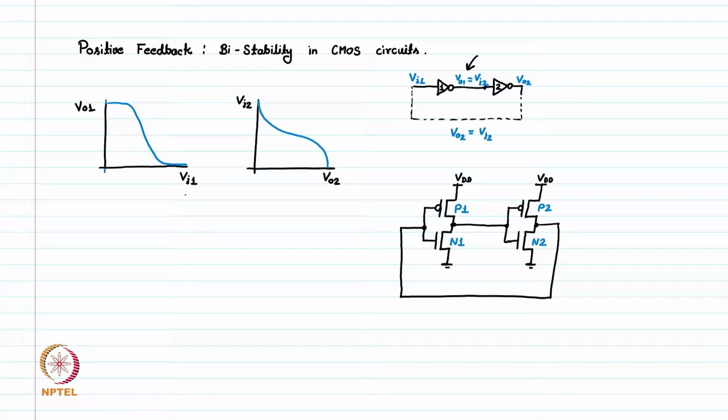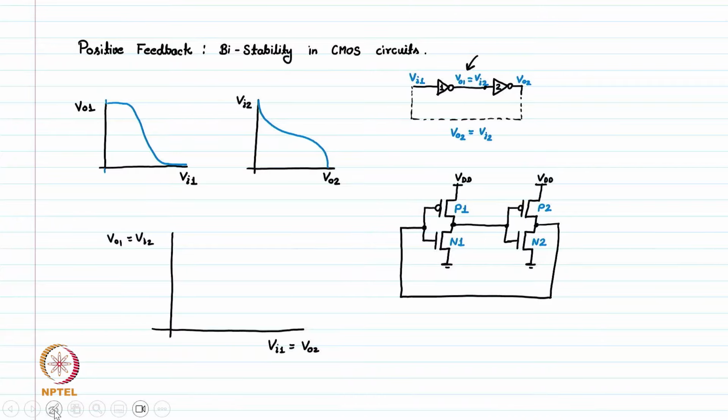Now, if we combine these two graphs, because now these two inverters are connected together, so that V output 1 is equal to V input 2 and V input 1 is V output 2, and make a single graph, here we write V input 1, which is equal to V output 2, and here we write V output 1, which is equal to V input 2.